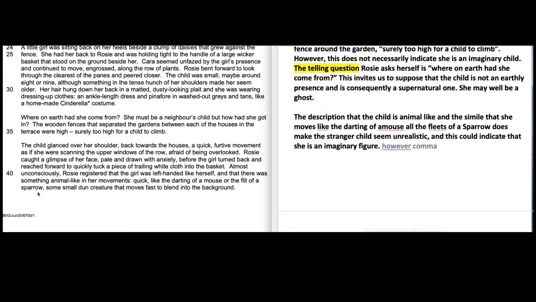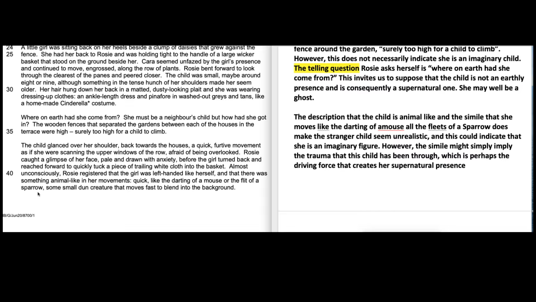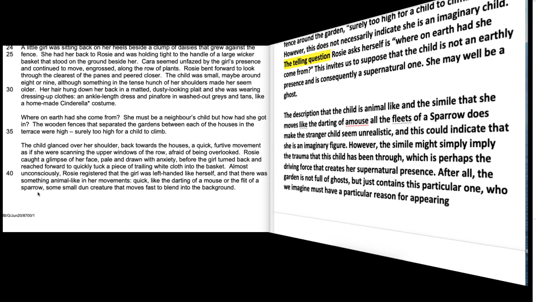However, the simile might simply imply the trauma that this child has been through, which is perhaps the driving force that causes her supernatural presence. After all, the garden is not full of ghosts, but just contains this particular one, who we imagine must have a particular reason for appearing.